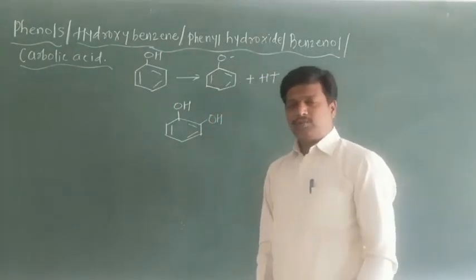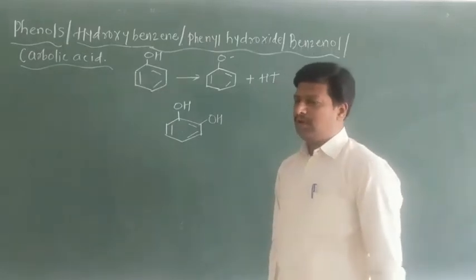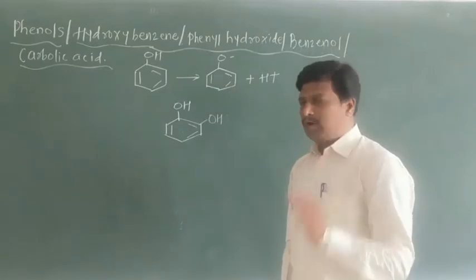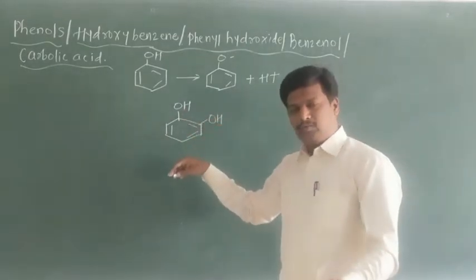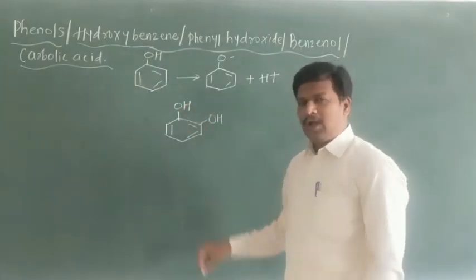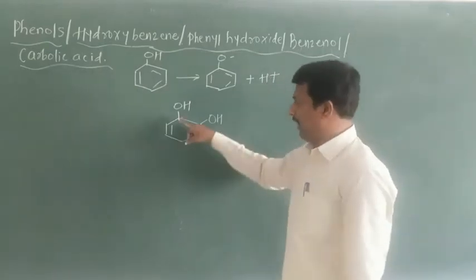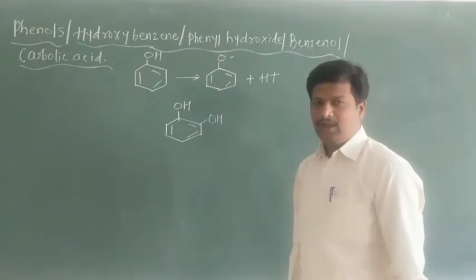Now these phenols are also defined in another way. Where one or more, meaning 2, 3, 4 like that, hydroxyl OH groups are directly attached to the aromatic ring, they are also called phenols.